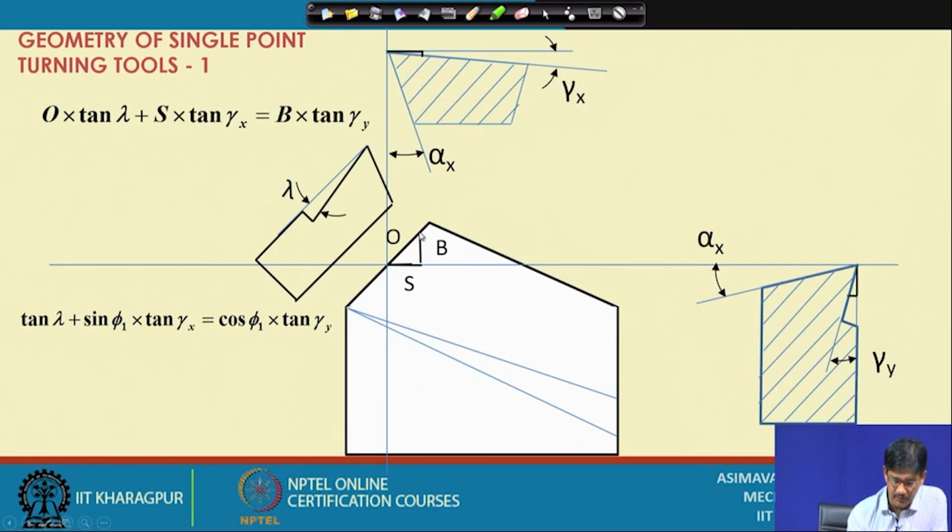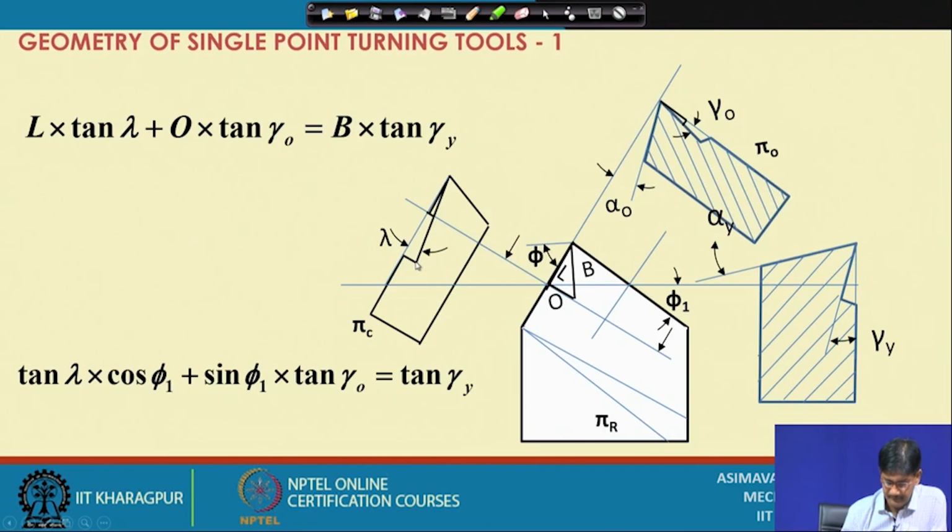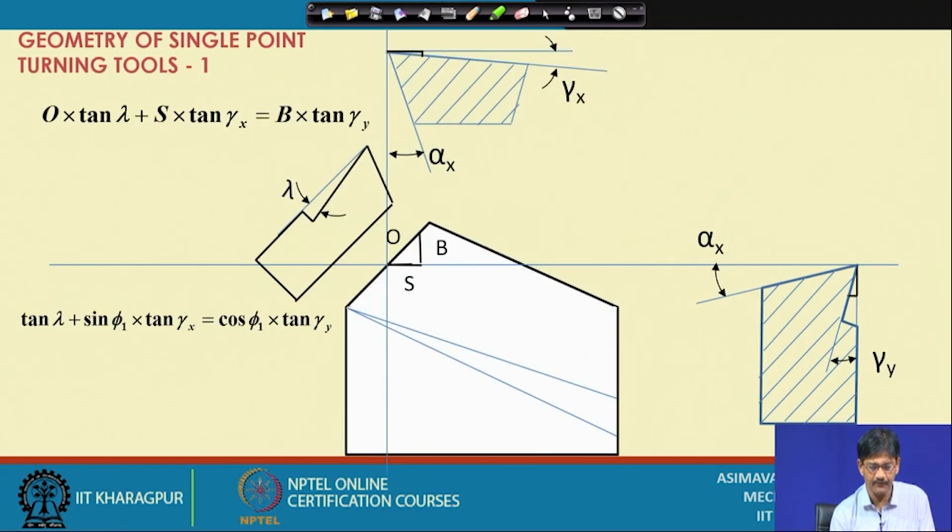It should be equal to this distance that we go down plus this distance that we go up if this is vertical. So, in that case let us do one thing. We first go down along the cutting plane, and then we go further down along this, and ultimately we reach down along the back rake in this direction by a certain amount.